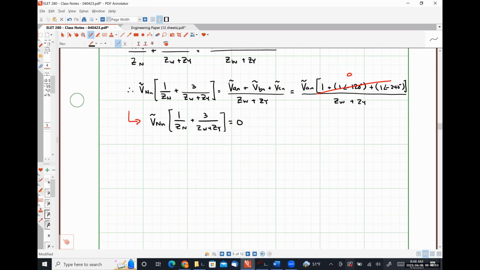What does this imply? If none of those impedances are 0, the voltage drop across my neutral conductor has to be 0. So if the voltage drop across my neutral conductor is 0, what does that mean about the current flowing through my neutral conductor? It has to be 0 as well.